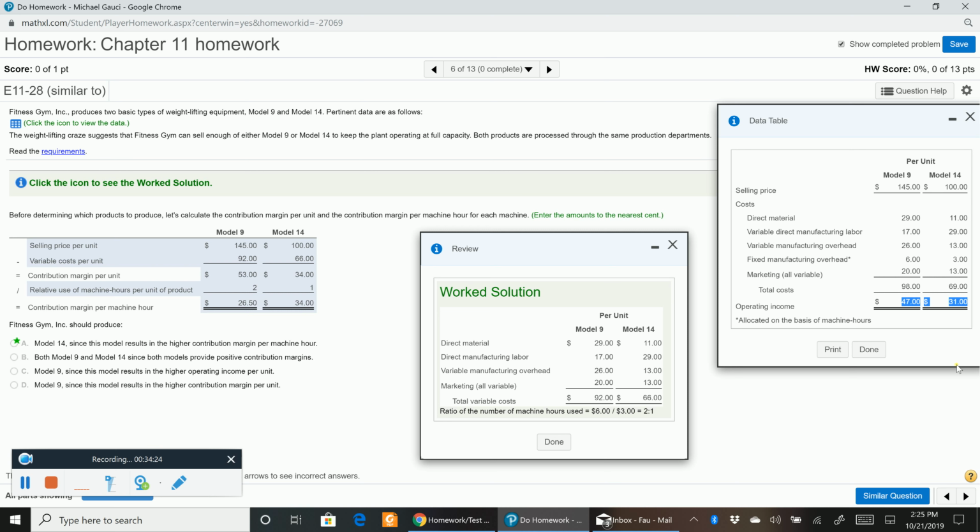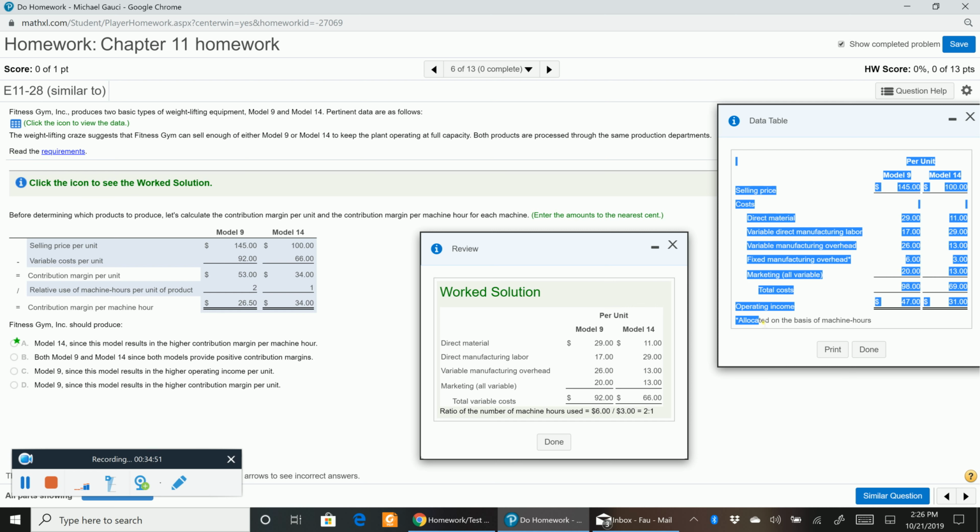Remember, we have to decide what is going to give us the highest contribution margin per our constraint. And the constraint is the number of hours on the assembly line machine. Now I want you to zone in on this here. It says fixed overhead, you can see the little asterisk here. $6 was allocated to Model 9. $3 was allocated to Model 14.